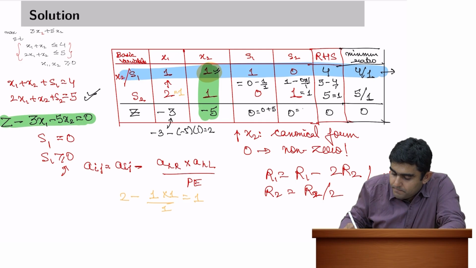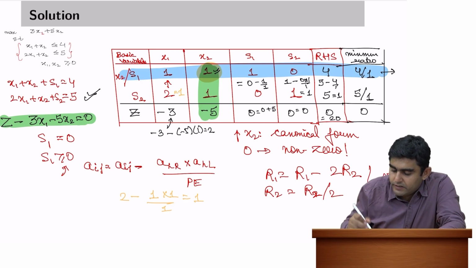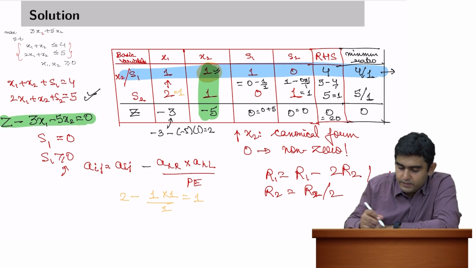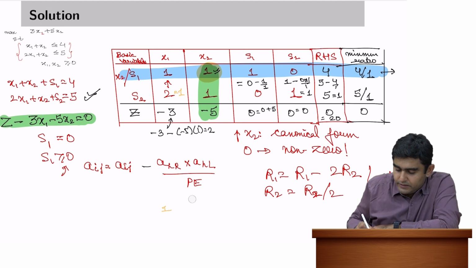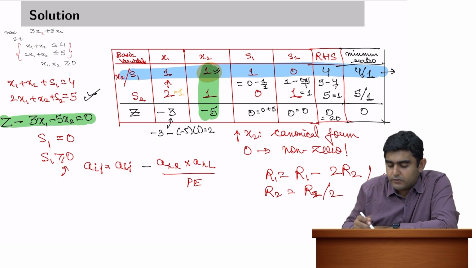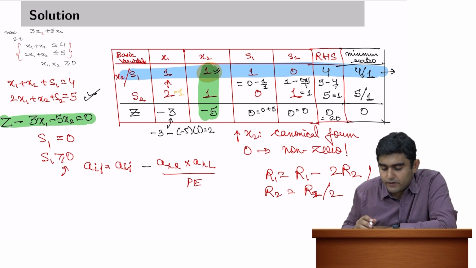S2 again will become, so the coefficient of S2 will become 0 because on top of it exactly 0 is sitting, and the RHS value will become 20 because 4 times 5 is 20 and this negative sign becomes positive because of 1 minus already sitting outside. So if this calculation is clear to us, we would have an updated tableau, and then we would again be repeating these calculations until we are left with no negative coefficients here.